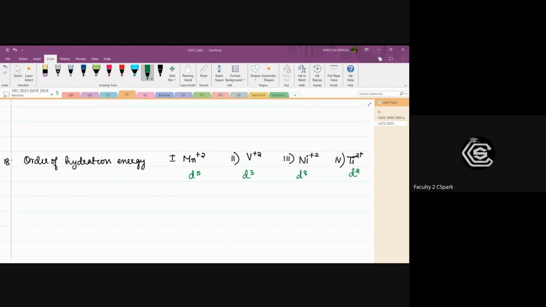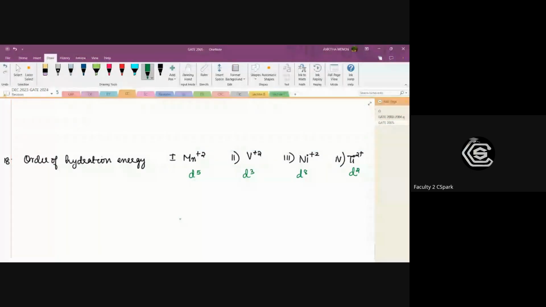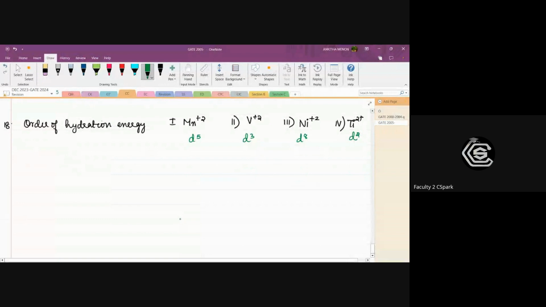Many combinations of factors decide the value of hydration energy. The titanium complex will have the very least, followed by nickel, followed by vanadium, and then manganese.